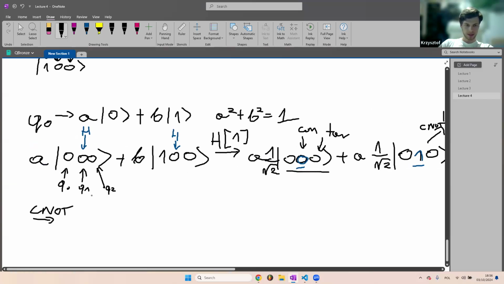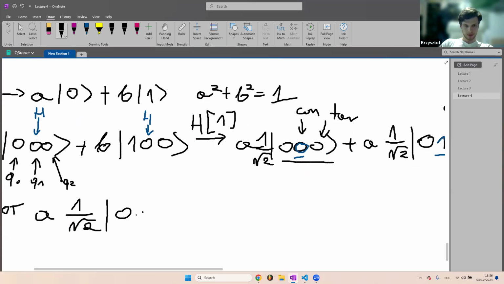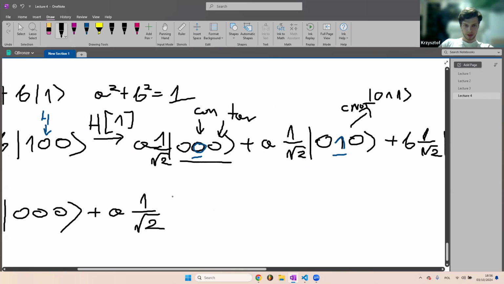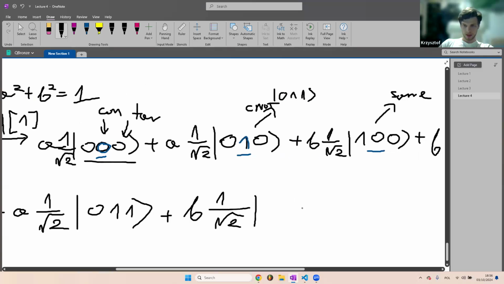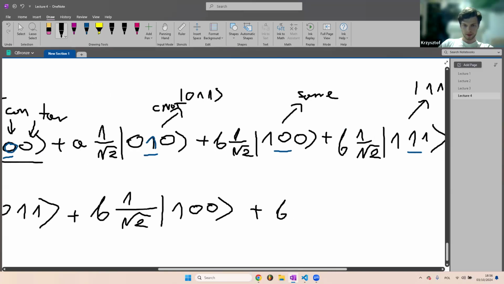So let's rewrite this once again. A 1 over square root of 2, 0, 0, 0, plus a 1 over square root of 2, 0, 1, 1, plus b 1 over square root of 2, 1, 0, 0, plus b 1 over square root of 2, 1, 1, 1.